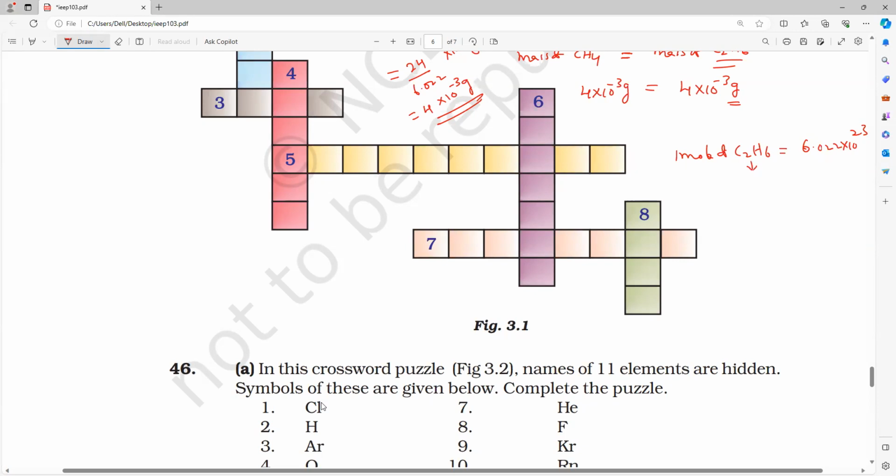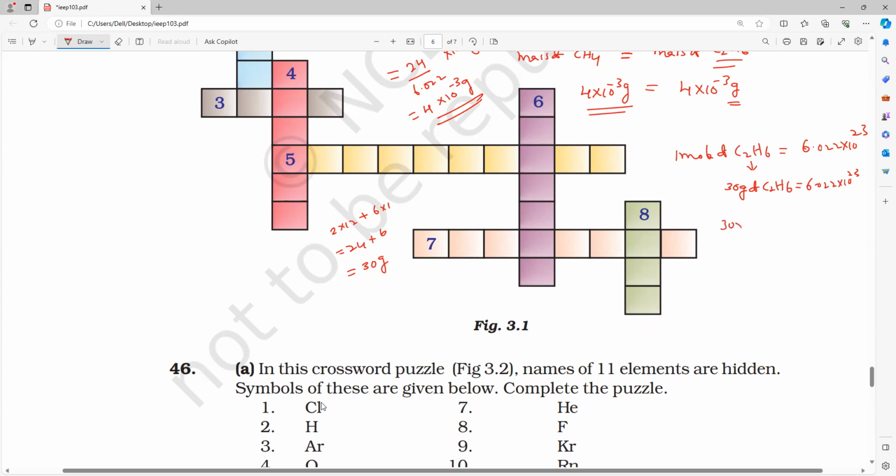What is the molar mass of C2H6? 2 into 12 plus 6 into 1, which is 24 plus 6, which is 30. 30 grams. Means 30 grams of C2H6 contains Avogadro number. But we have how much mass? Not 30 grams. We have only 4 into 10 power minus 3.